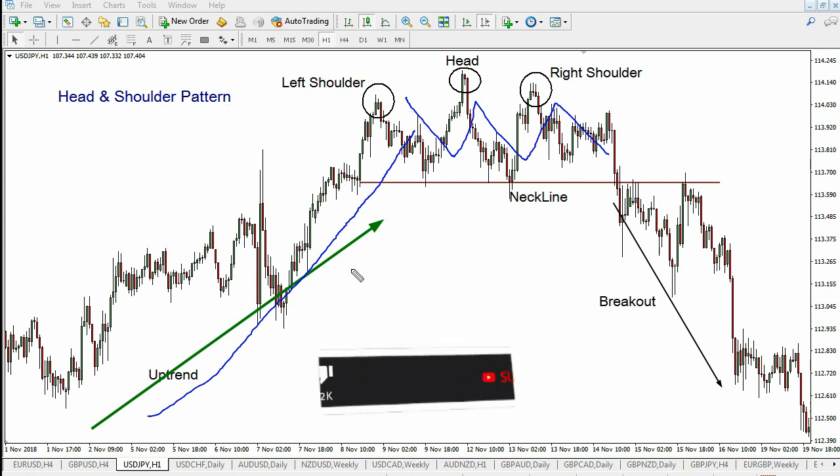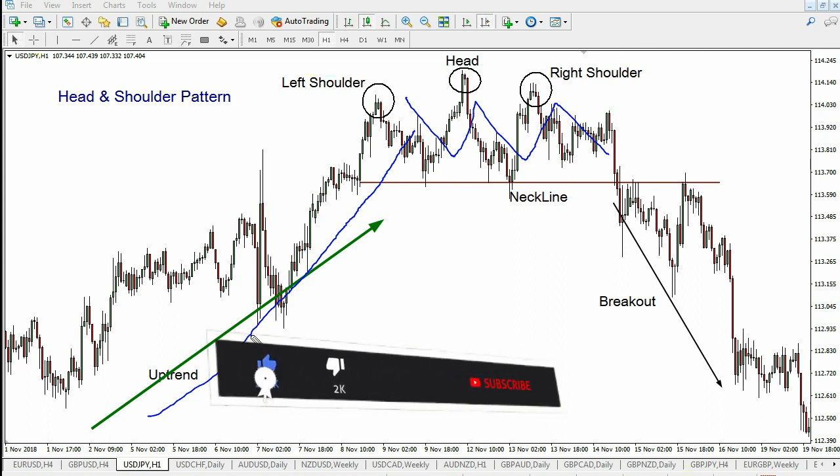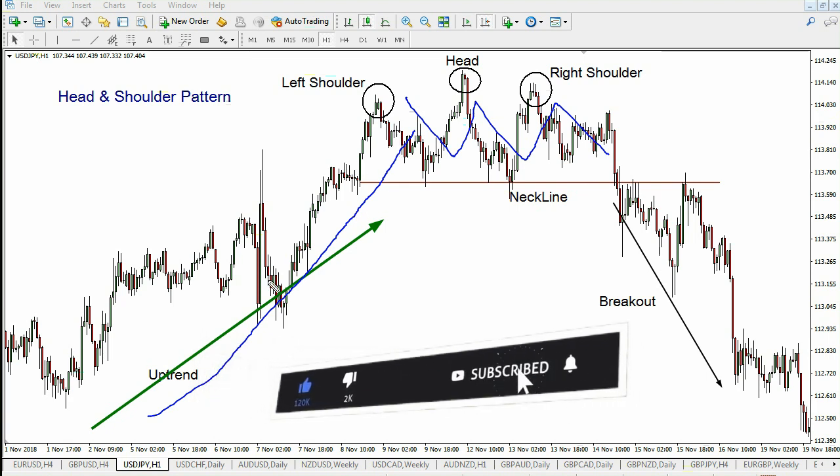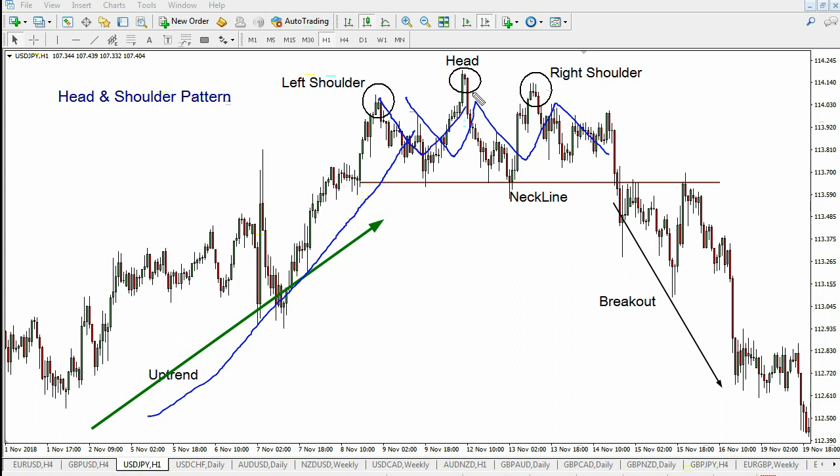So eventually the market begins to slow down after going up for some time, and forces of demand and supply are considered in balance. Sellers come in at the high to put the price down to test the trend line.